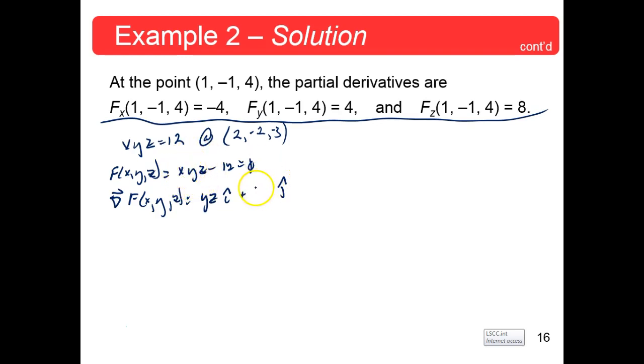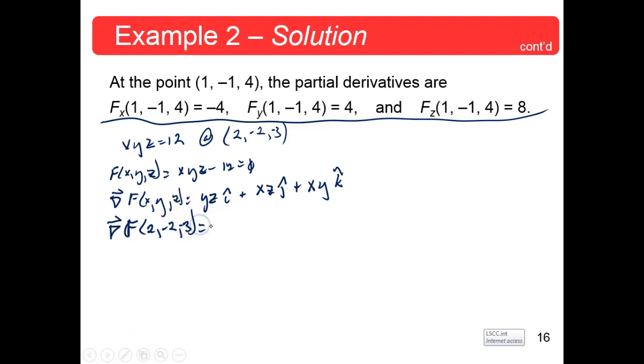And that would be xz in the j direction, plus xy in the k direction, okay, and that is your gradient of f.